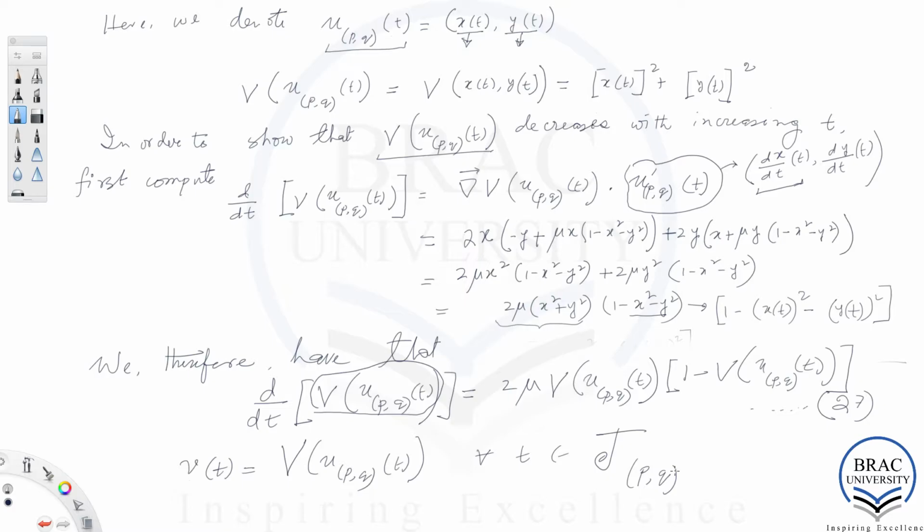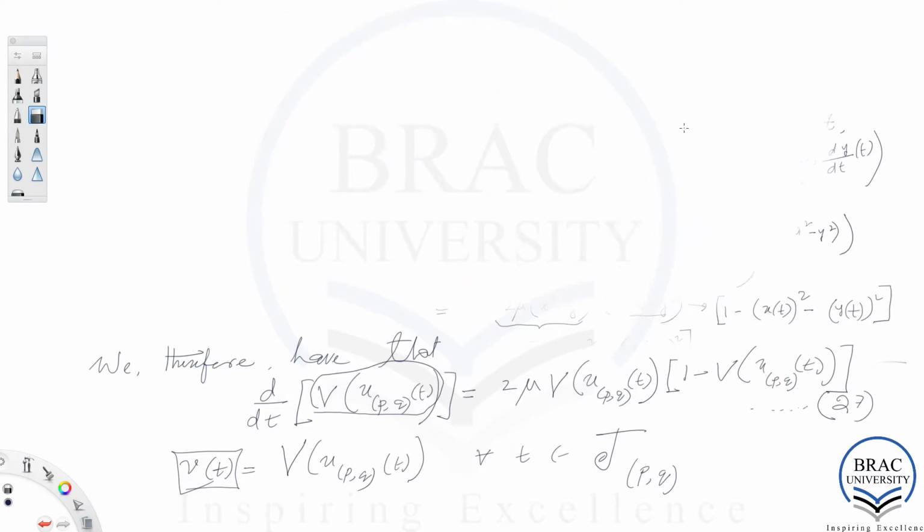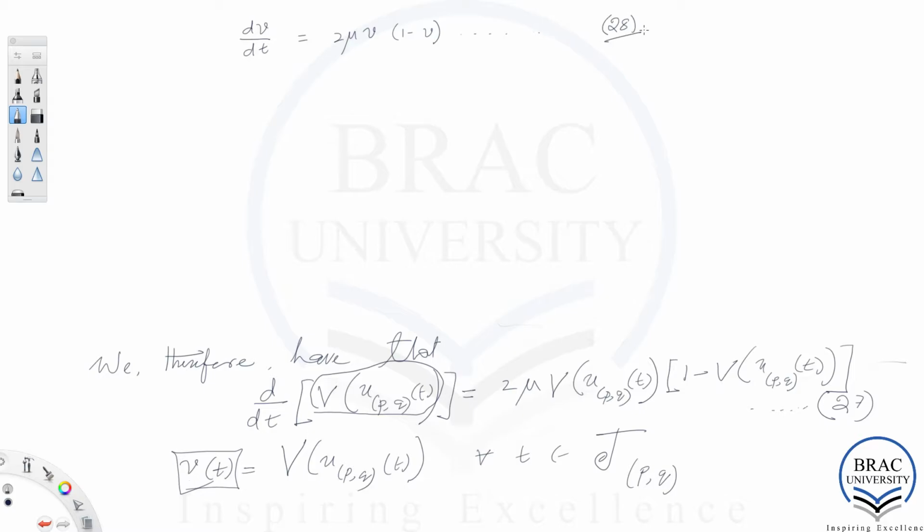So with the help of this new function, small v, which is the composition of these two functions, we can rewrite equation 27 as dv over dt is equal to 2 mu times v times 1 minus v. This is our equation number 28.